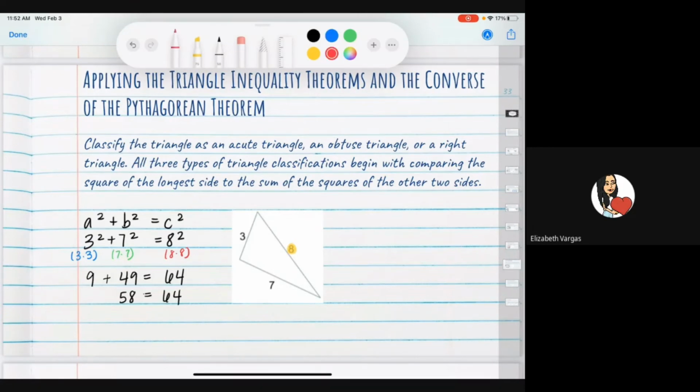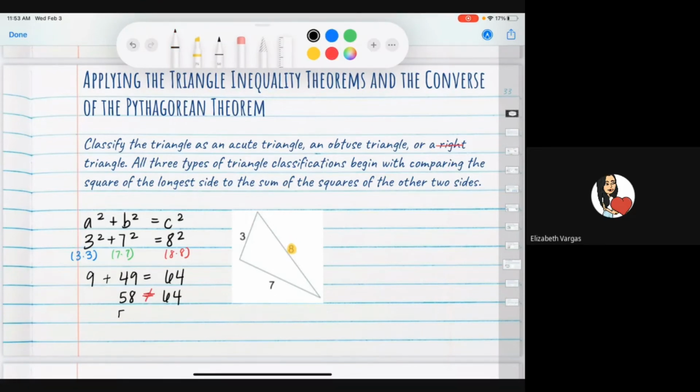Well, it's obviously not equal to 64, right? So it's not a right triangle. So we can go ahead and cross that one out. Not a right triangle. But we want to see if C squared is greater than or less than the sum of my other two sides.